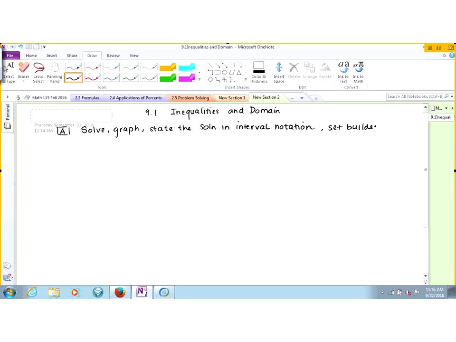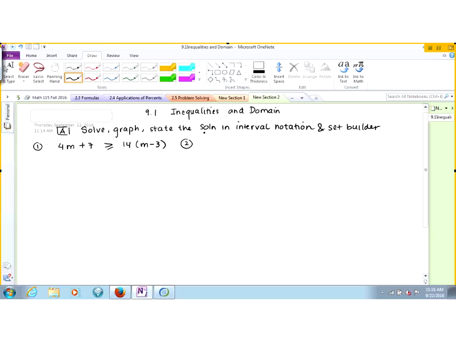So let's do set builder also. So both set builder and interval notation. So number 1: 4m plus 7 is greater than or equal to 14 times n minus 3.